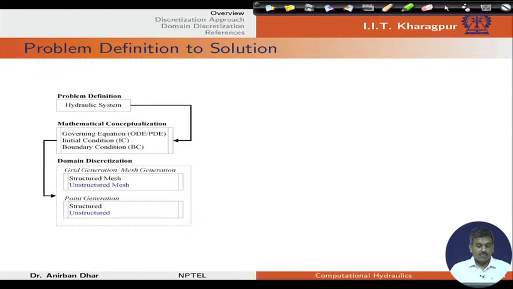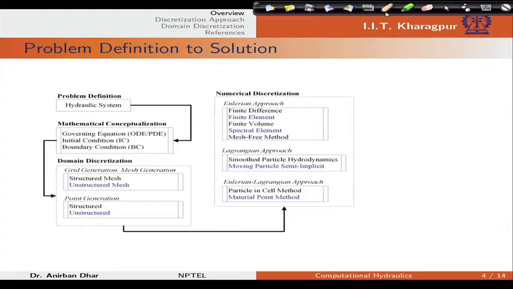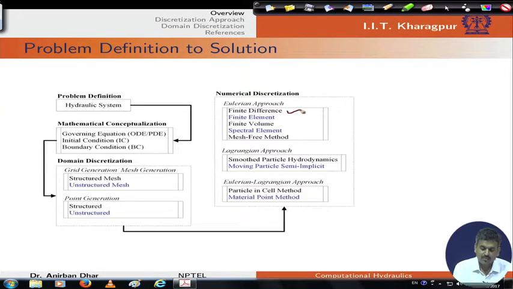So, to define the relationship between field variable values of subparts or parts, we need to do this numerical discretization, and numerical discretization can be with Eulerian approach, that is with finite difference approach or finite element or finite volume or spectral element or mesh free methods.